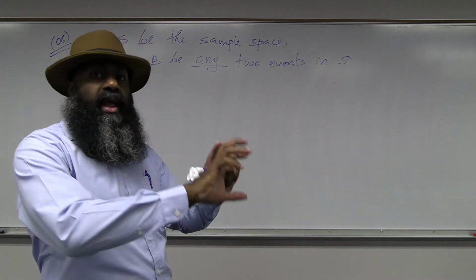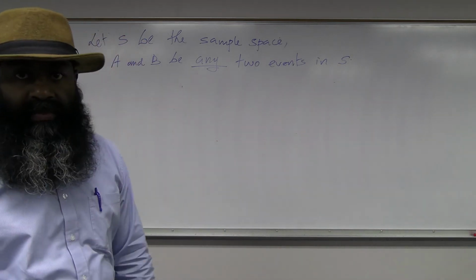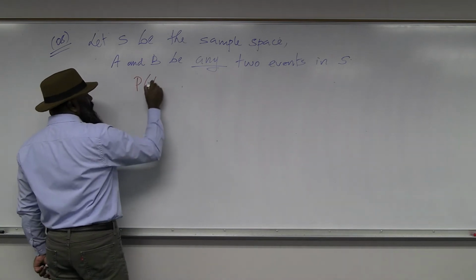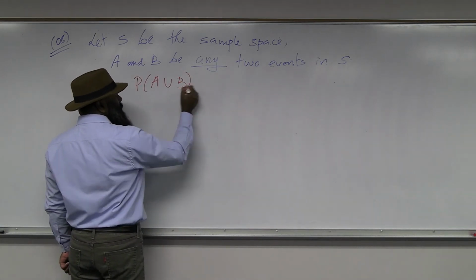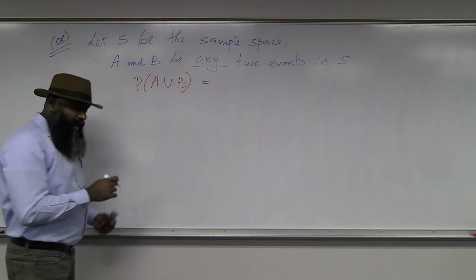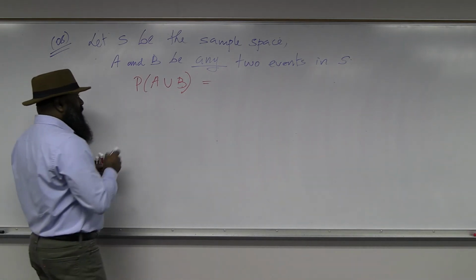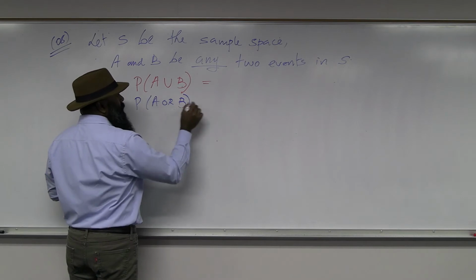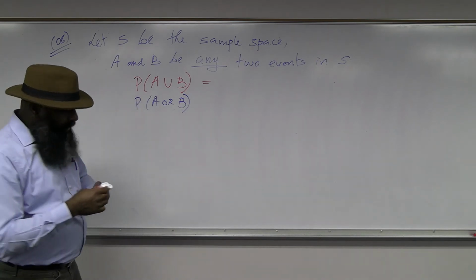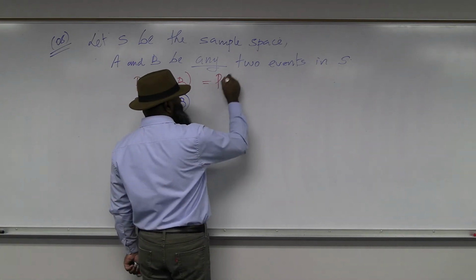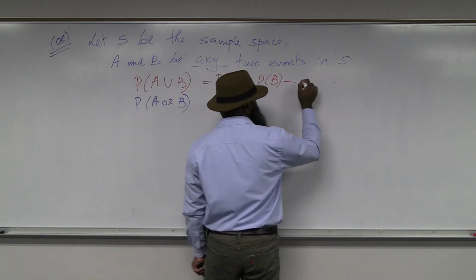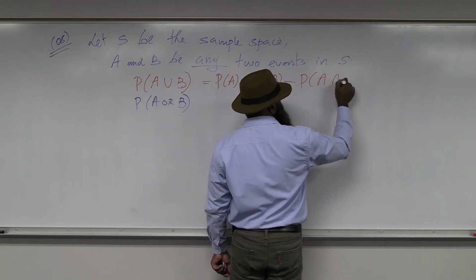So there can be an intersection between A and B. The theorem says the probability of A union B, which you may also write as probability of A or B, is equal to probability of A plus probability of B minus probability of A intersection B.